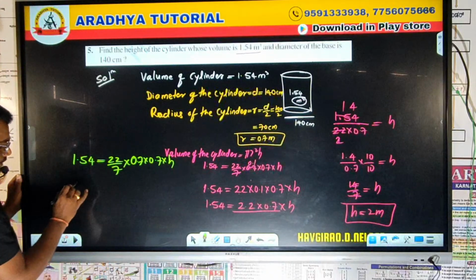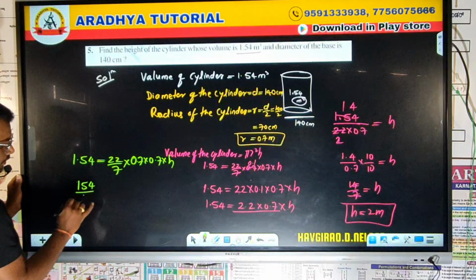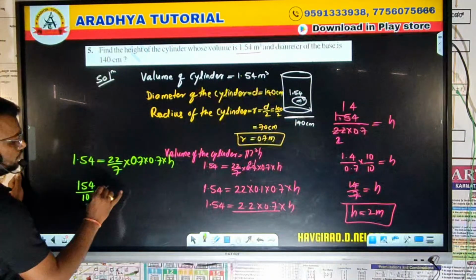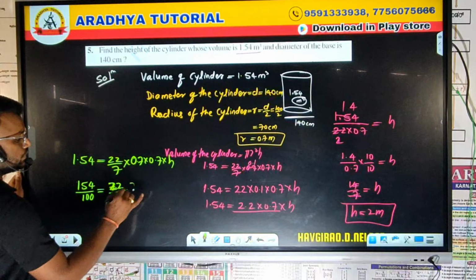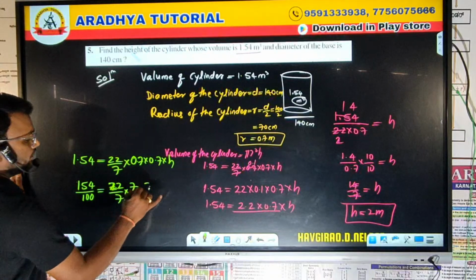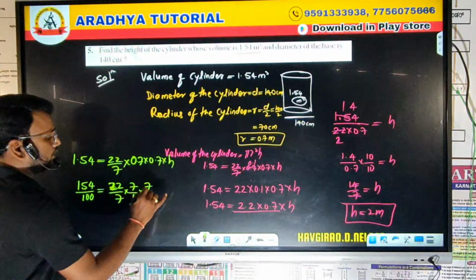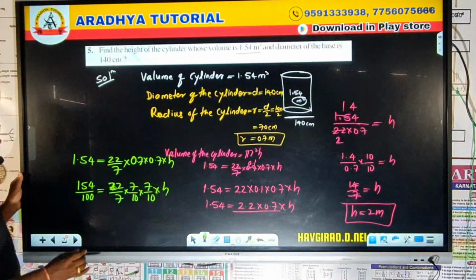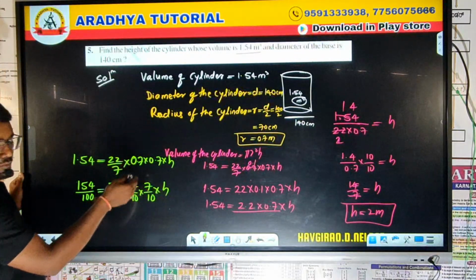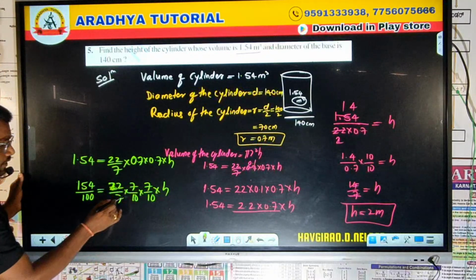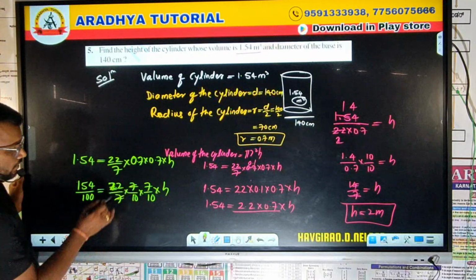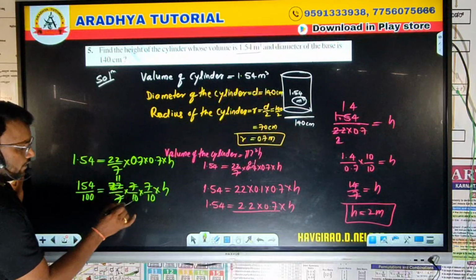Here we can write 154 divided by 100 equals 22 divided by 7 into 7 divided by 10 into 7 divided by 10 into h. If you multiply numerator and denominator 10 by 10, we get 7 divided by 10. 7 gets cancelled.